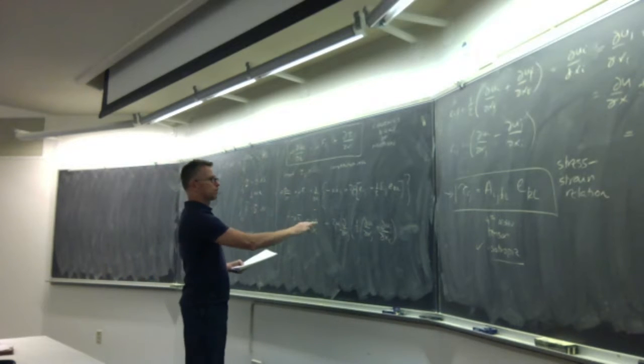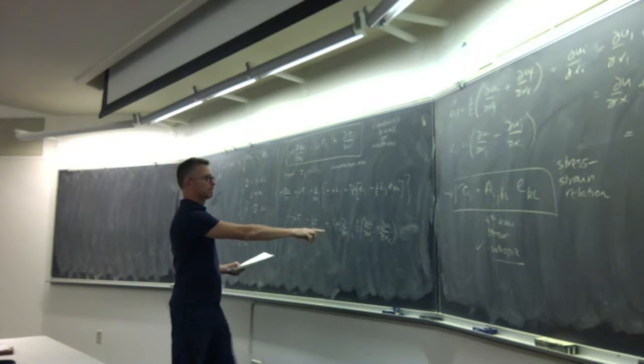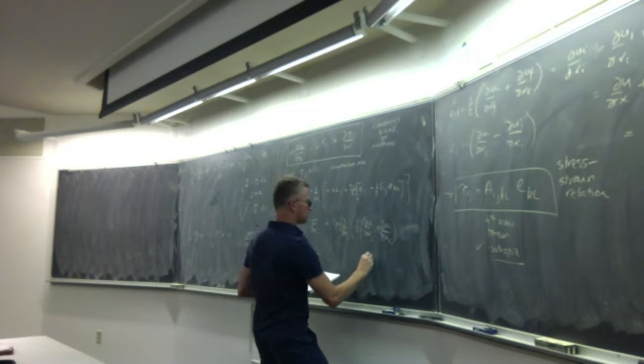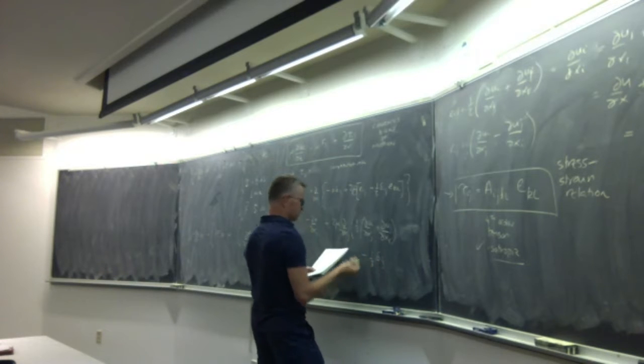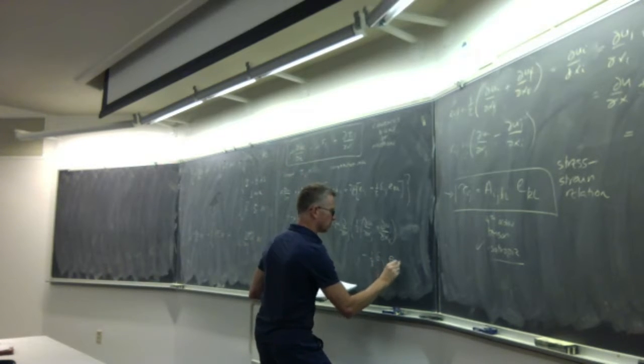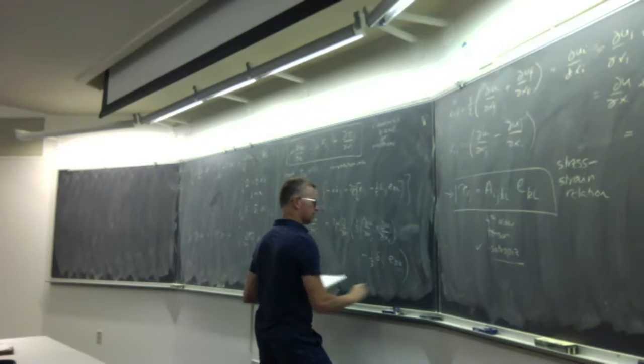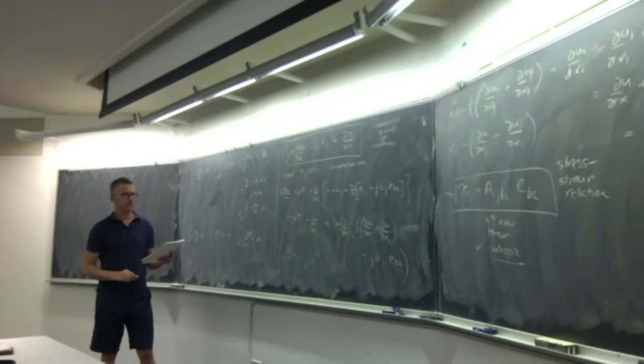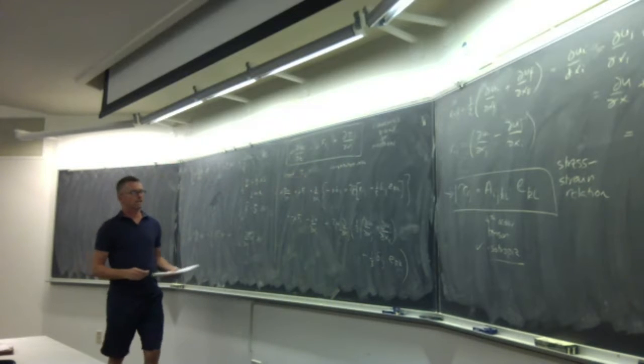So I pulled out the 2 mu, I have the d by dxj, so this is the eij part, and I still have minus a third delta ij ekk, right? Which is divergence of u. Let's just leave it at that for right now.